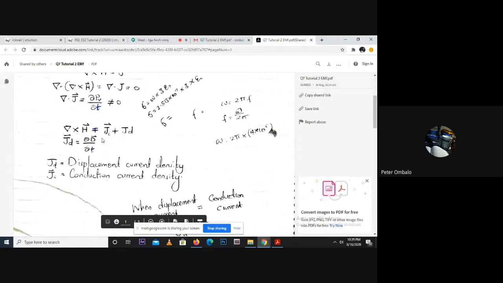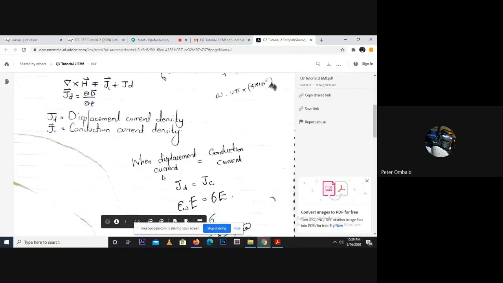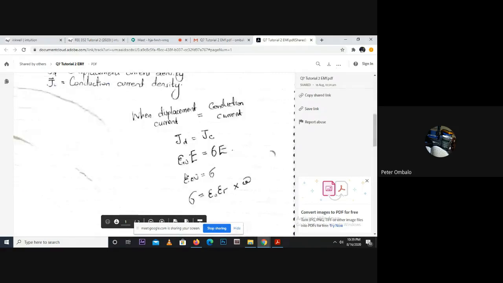Yes, so we have JC and JD. JD is displacement current density, and JC is conduction current density. From these two, in Minakumari, there's a little bit of derivation going on, but they cleanly boil down to these two formulas down here, where the displacement current density is given by the permittivity times the frequency times the electric field intensity.